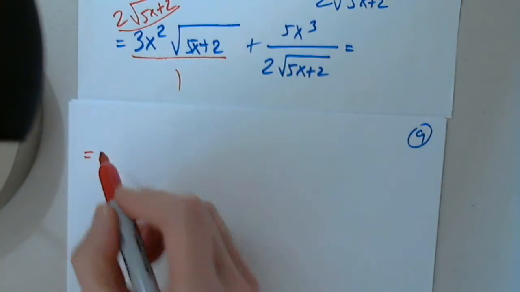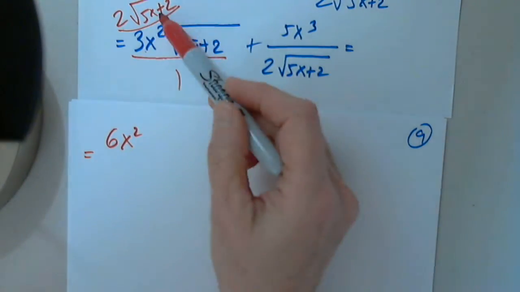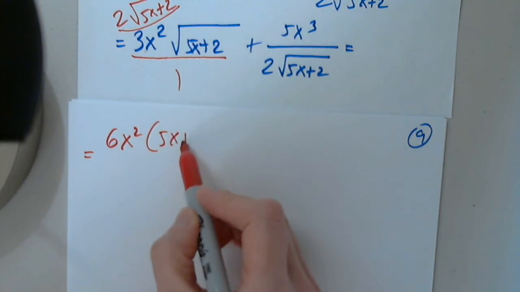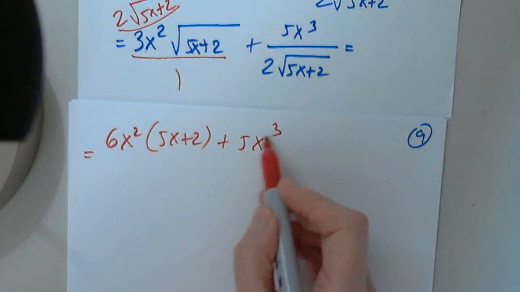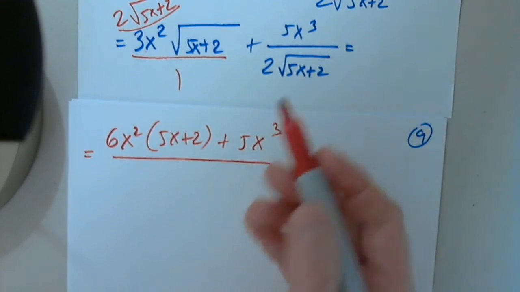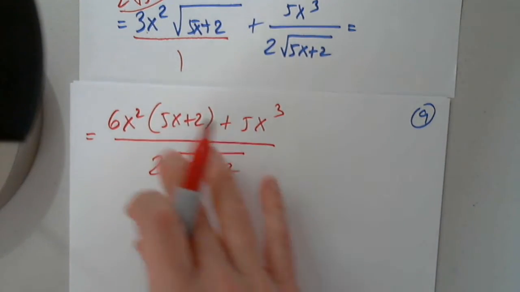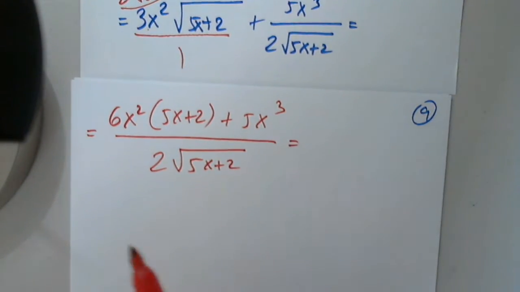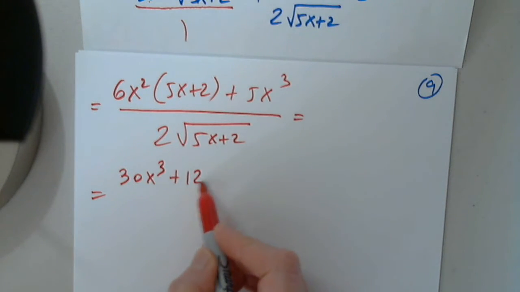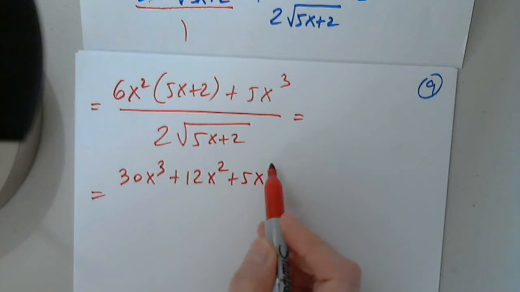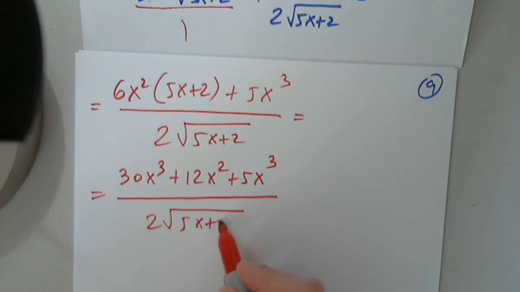So 2 times 3 is 6x squared. This times this cancels the radical, plus 5x cubed, everything divided by the only denominator I have. Do not attempt anything here, you just have to distribute. So this will be 30x to the third plus 12x squared plus 5x cubed, everything divided by 2 the square root of 5x plus 2.